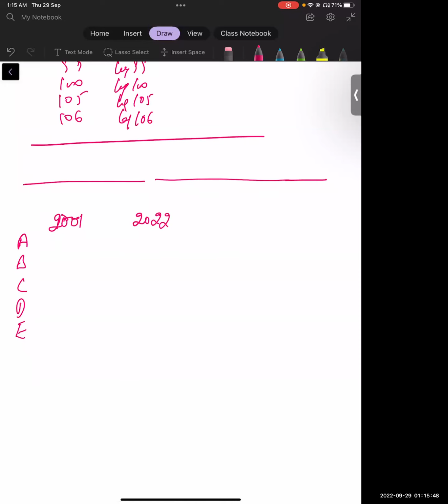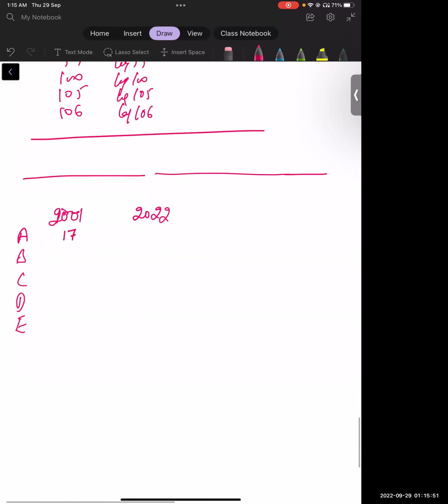Tell me one thing. The prices were 17, 33, 75, 120, and suppose 95. In the year 22, the first has become 52 rupees.